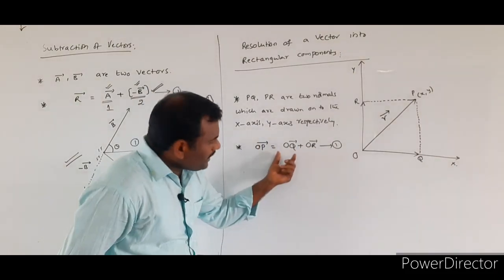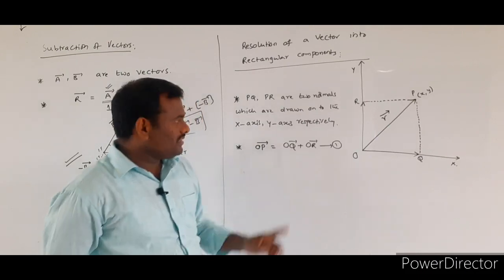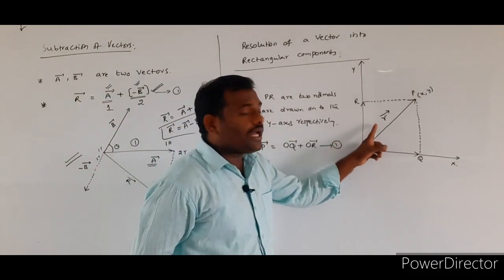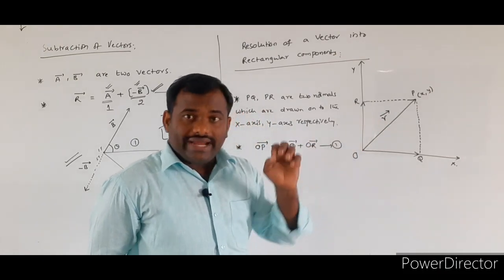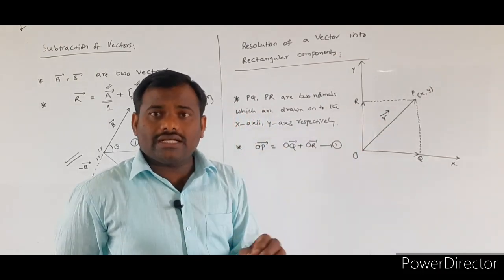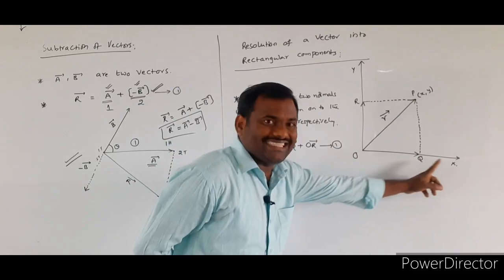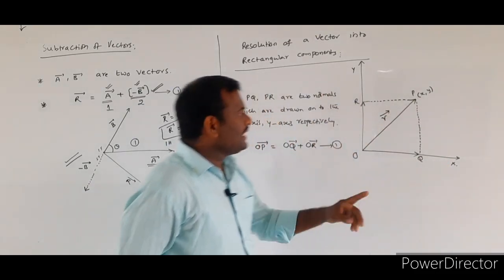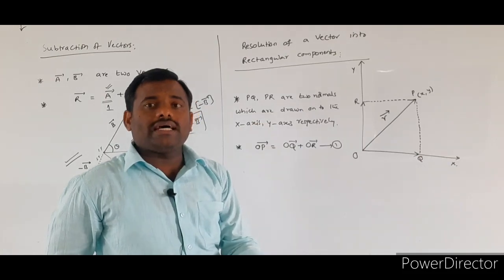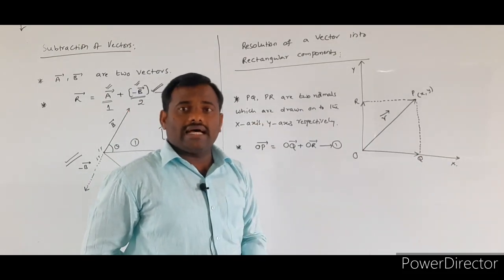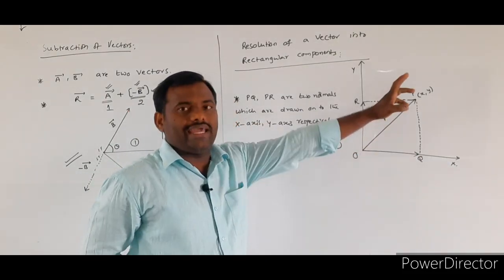What does OQ bar represent? It is the vector component of R bar. OQ bar is the vector component of the given vector R bar along the x-axis, and OR bar is the vector component of R bar along the y-axis.